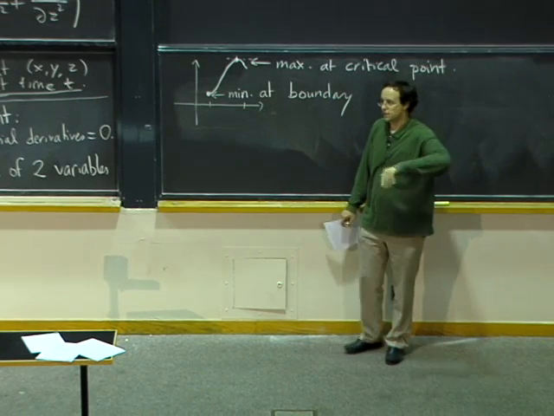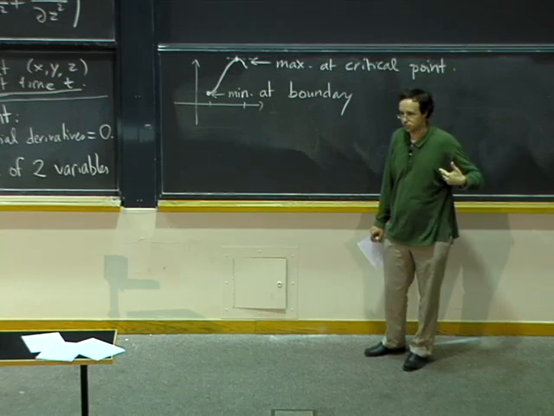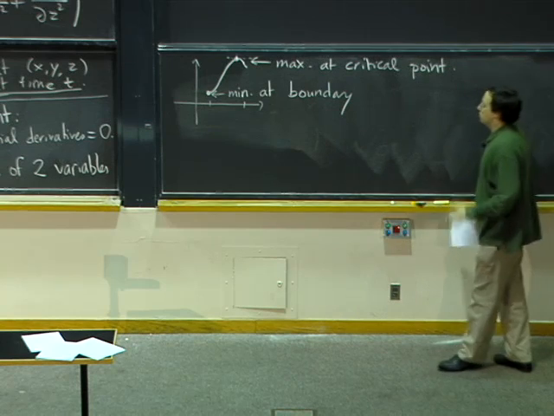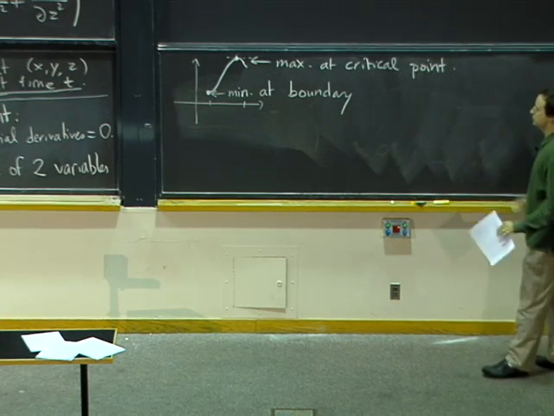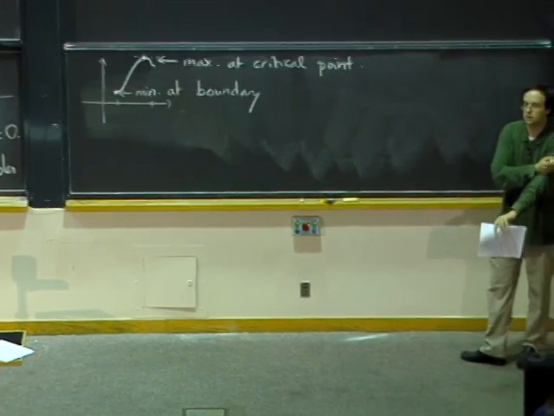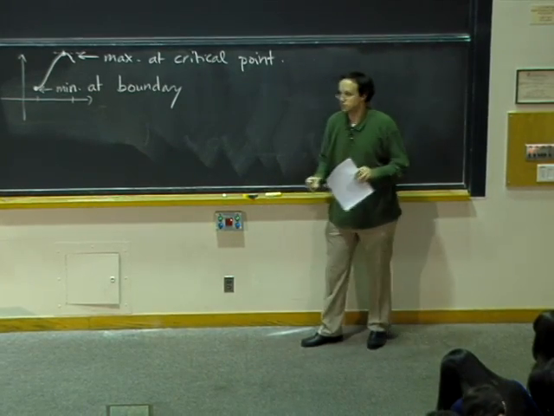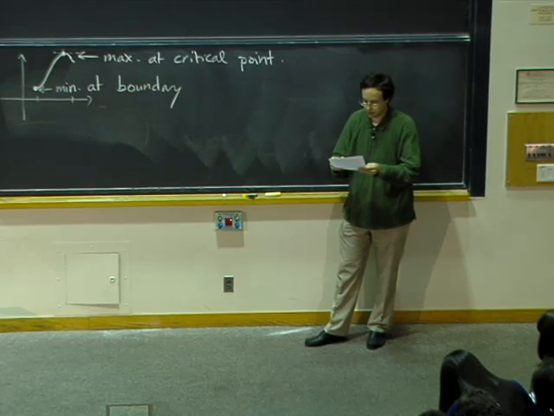So it could be that we achieve a minimum by making x and y as small as possible, maybe letting them go to 0 if they had to be positive, or maybe by making them go to infinity. So we have to keep our minds open and look at various possibilities. So we're going to do a problem like that. We're going to go over the practice problem from the practice test to clarify this.